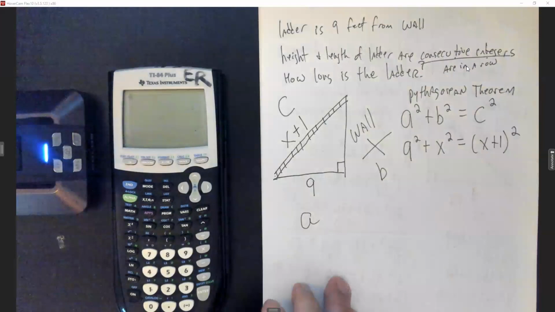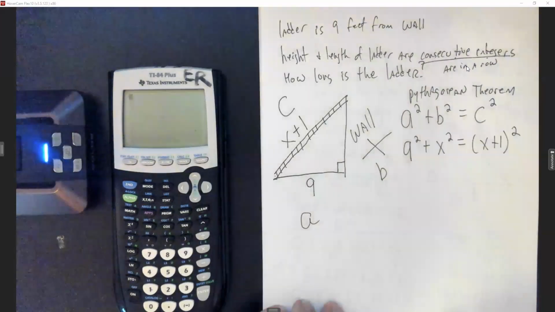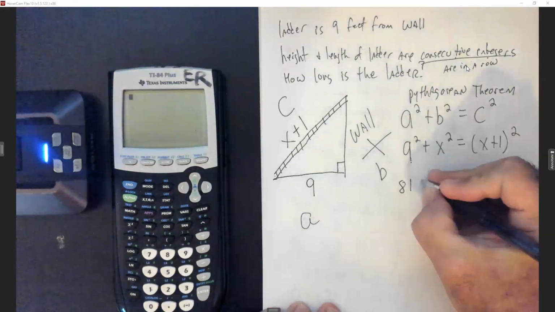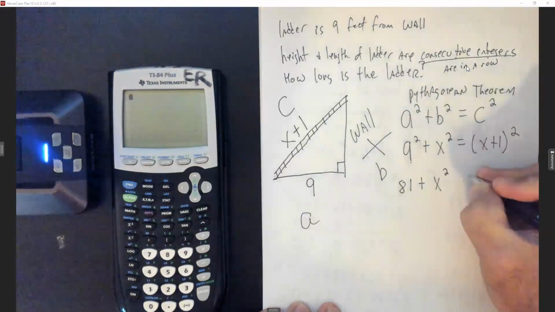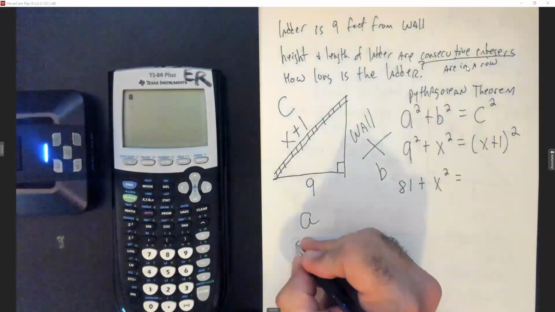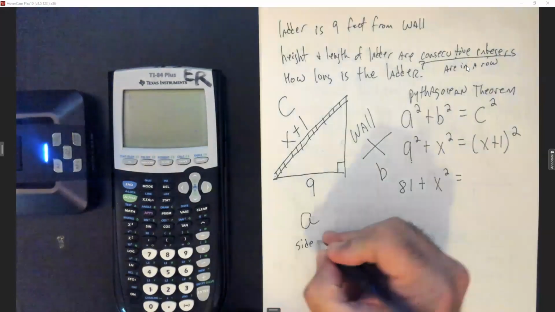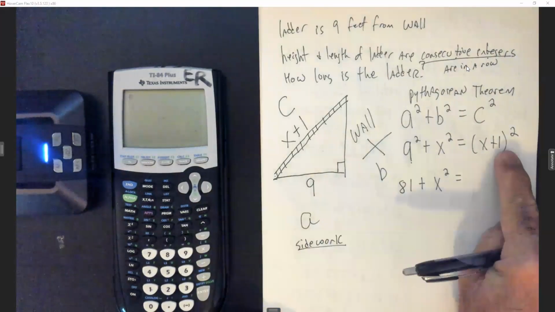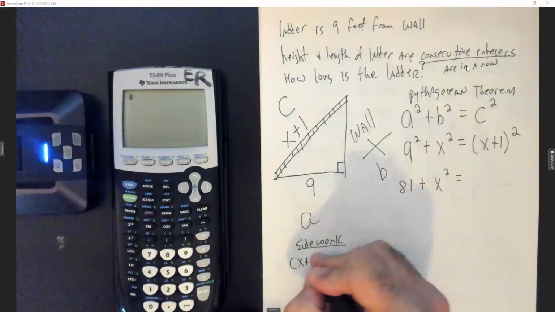So let's see what we do. 9 times 9 is 81. x squared is going to stay x squared. Now we've got an x plus 1 squared, so let's go to the side and do our side work and figure out what x plus 1 squared will give us.